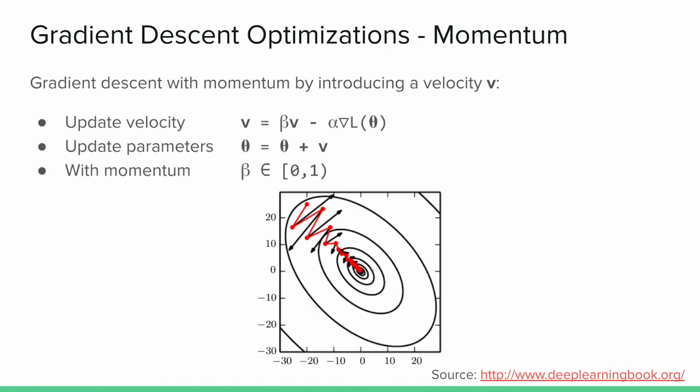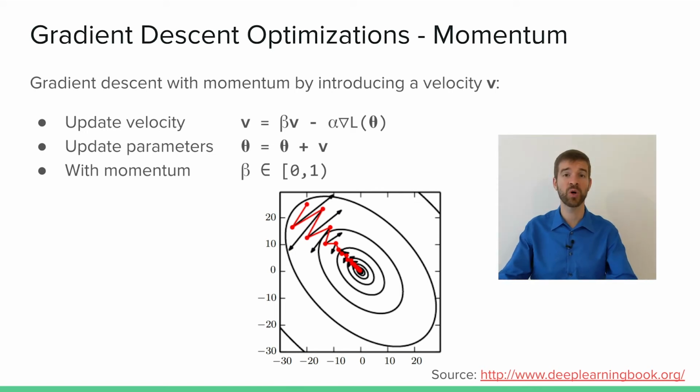Momentum is a sort of small memory that we take along, where we know how fast we are going in a certain direction. So if we take one step in a certain direction and the next step is in exactly the same direction, we can actually start to walk faster, because it's empowering us to continue walking in the same direction.